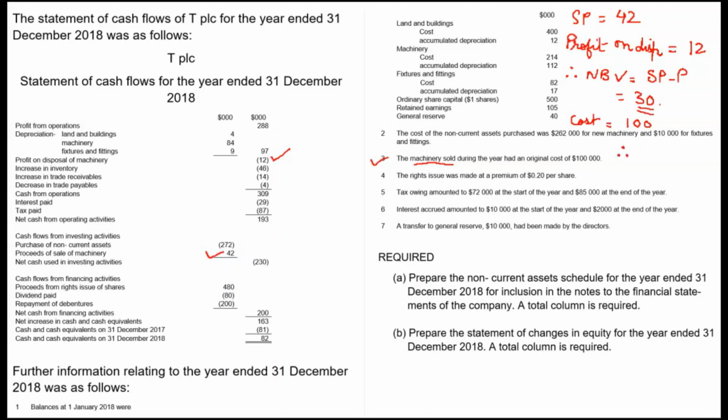Therefore, the depreciation on that machine was cost minus net book value, that is $70,000. Now, due to space constraints, I have shown this working here, but in the exam, you will be required to show this working as part of your working notes.